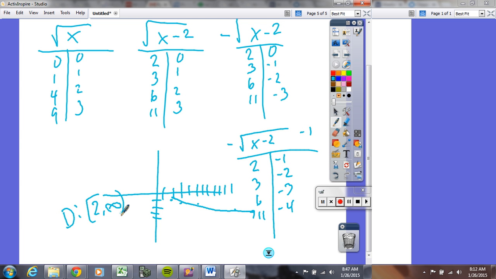Right? What's our range? How high does it go? Negative 1. How low does it go? So it would be negative infinity to negative 1. Okay? Any questions?